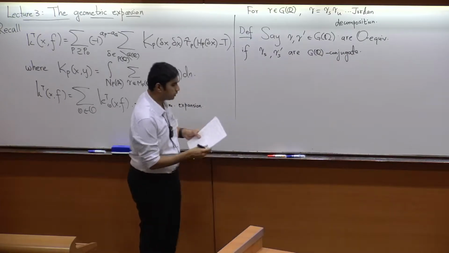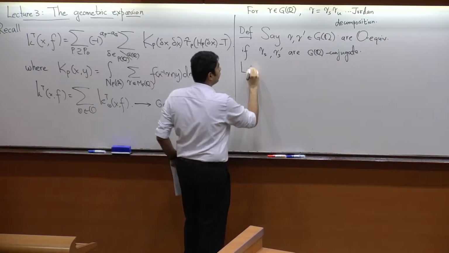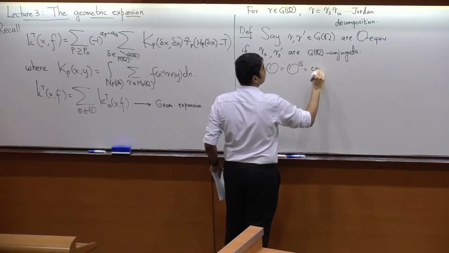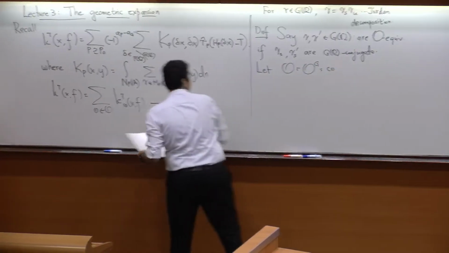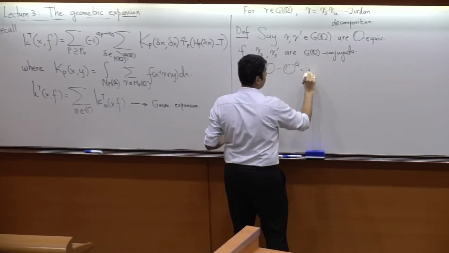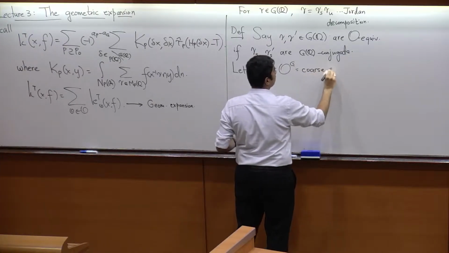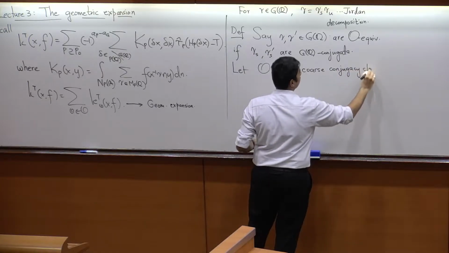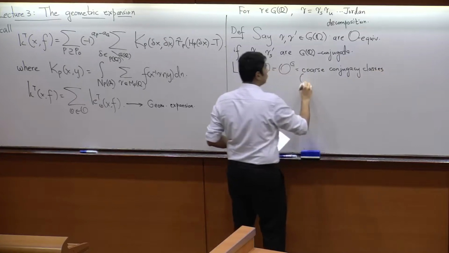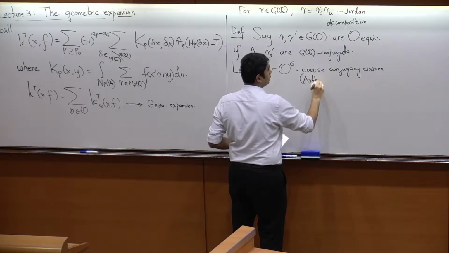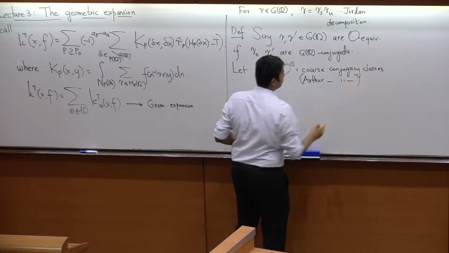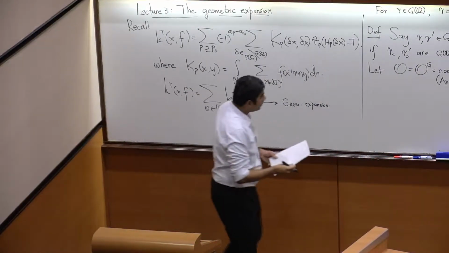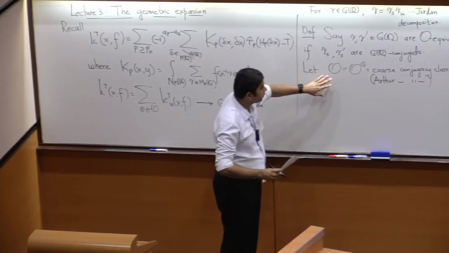This is an equivalence relation, and let O denote the conjugacy classes, or what is known as the coarse conjugacy classes. I will also call them Arthur conjugacy classes. It's coarser than usual conjugacy.